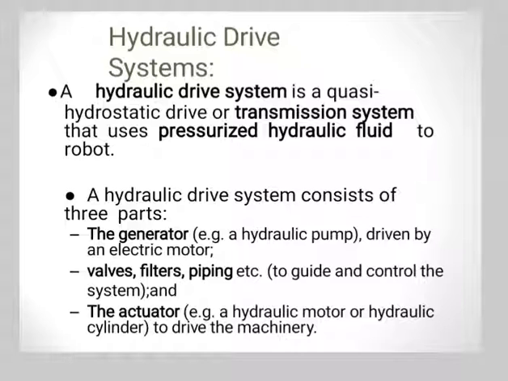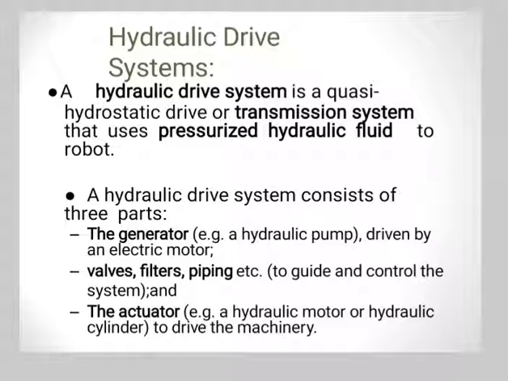Hydraulic drive systems are mainly made for large sized robots. They can deliver higher power or speed than the electric drive system. These drive systems can be used for both linear and rotational joints. The rotary motions are provided by the rotary vane actuator, while the linear motions are produced by hydraulic pistons.